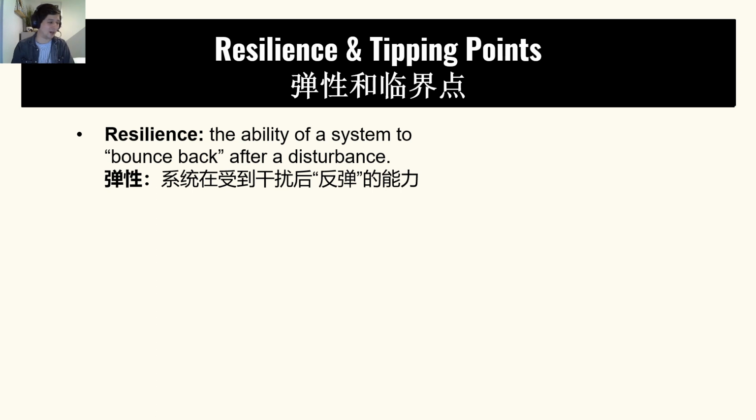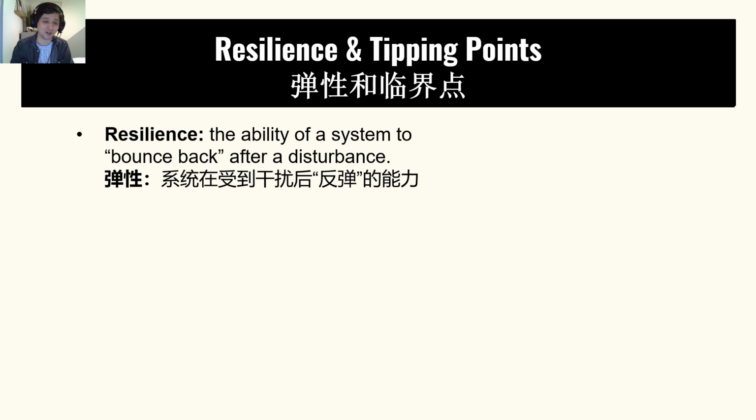So for example, let's go to the temperature example. If I get too hot, my body is very good at cooling me down by sweating and maybe telling me to go get water, right?